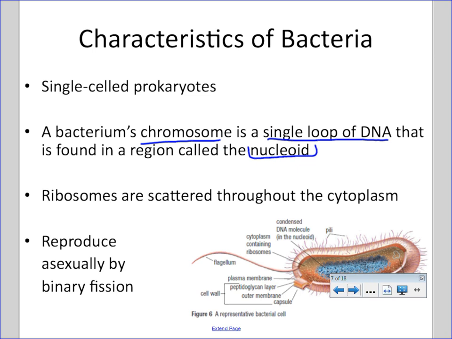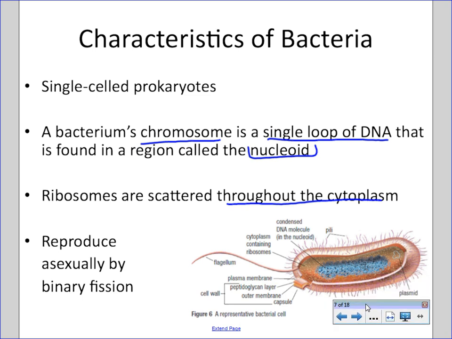That chromosome is the genetic material that contains the genes of that bacteria. The ribosomes that will help make the protein that the cell will need are found scattered throughout the cytoplasm. And bacteria do reproduce asexually by a process referred to as binary fission.